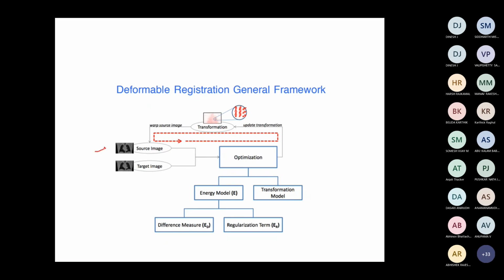So this is the framework for deformable registration. If we take the source image and target image, we have to optimize, and here you can use any kind of optimization technique. Then we update the transform and warp the image. Once it is optimized, we can calculate the energy and transformation, the difference measure, and the regularization term for energy.